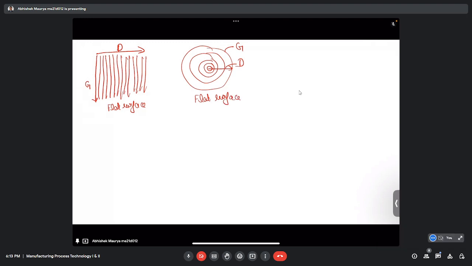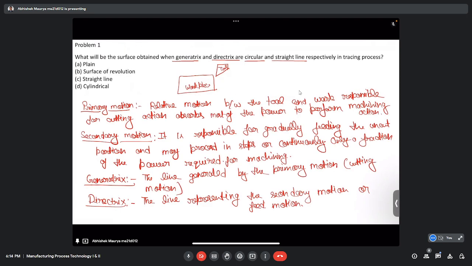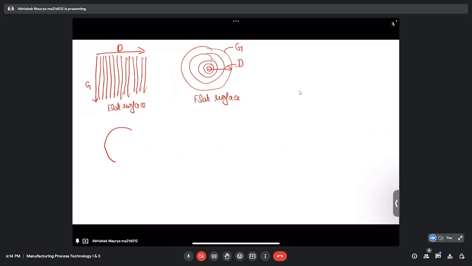Similarly, if we go and see what has been asked in the question, it has been asked that the generatrix is circular and directrix is a straight line. Let's try to make it. So generatrix is circular like this and directrix is a straight line. What will happen if we try to trace the directrix with the help of generatrix?